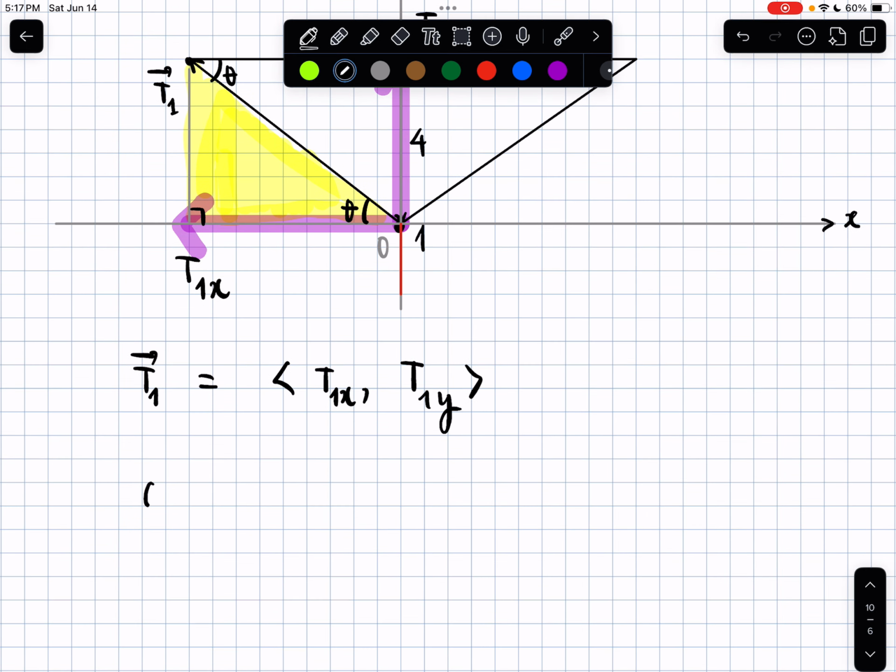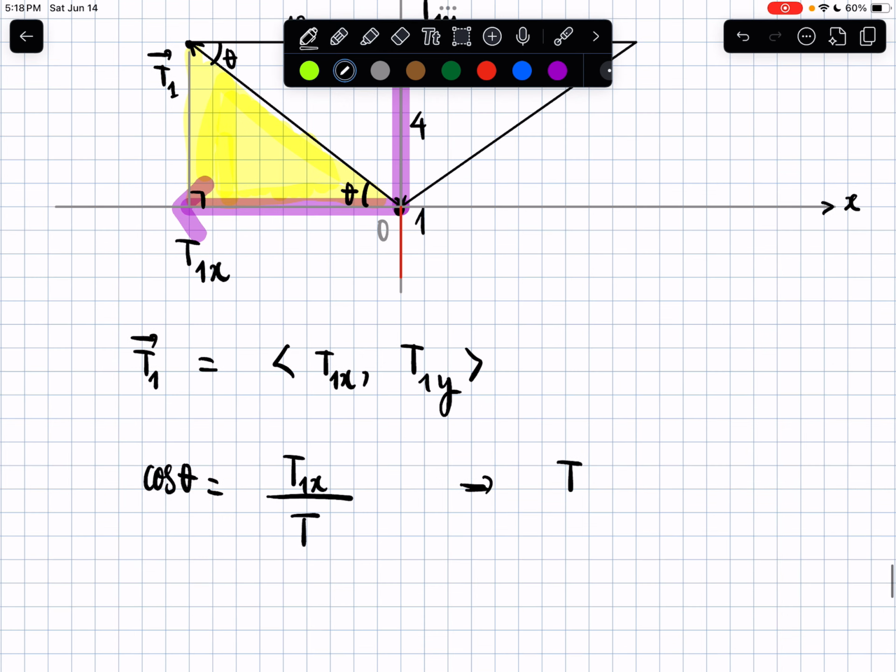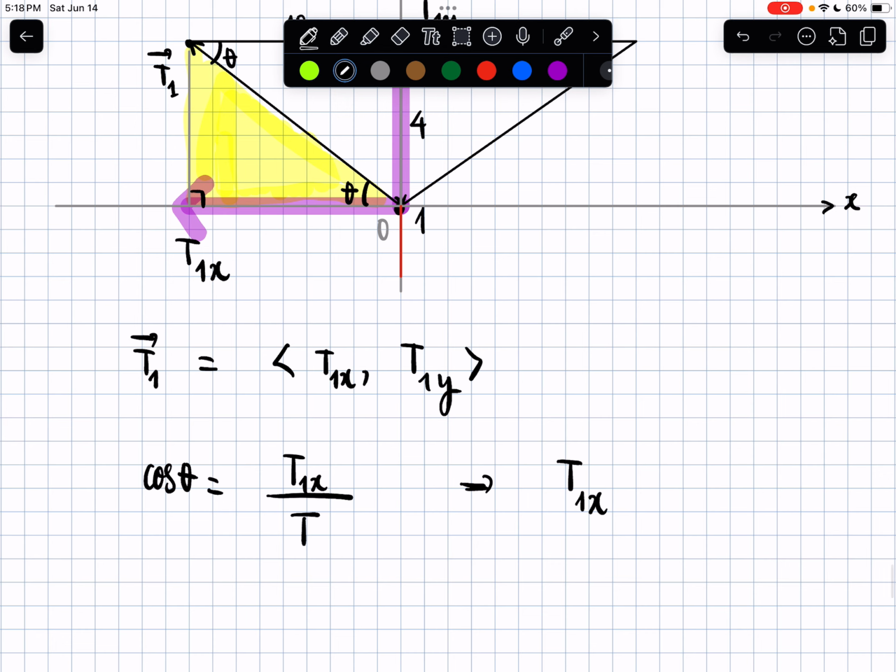Cosine theta equals T1x divided by the magnitude T, so T1x is T cosine theta.